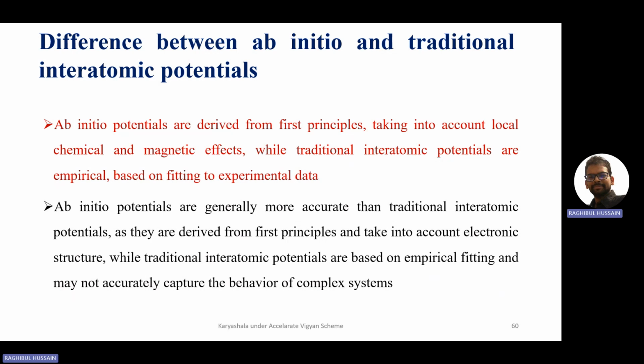They take into account the electron structure, while traditional interatomic potentials are based on empirical fitting that someone has done for you and published as open source.